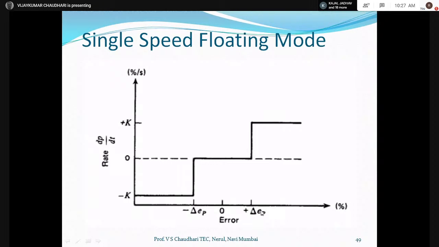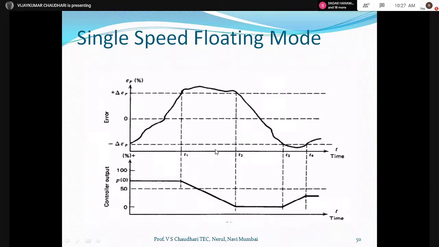So if the error is exceeding the neutral zone on the upper side, the rate of change of controller output will be plus k, whereas if it is dropping below the neutral zone, the rate of change of controller output will be minus k. Now for this figure, we'll explain it as in the last example, floating mode.